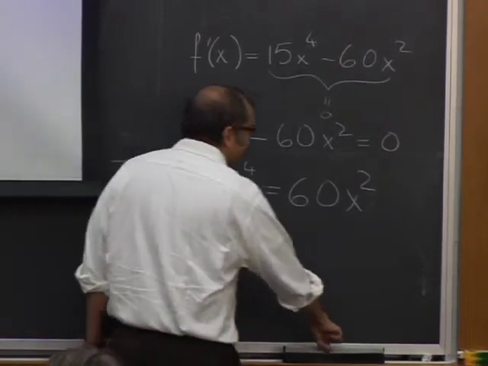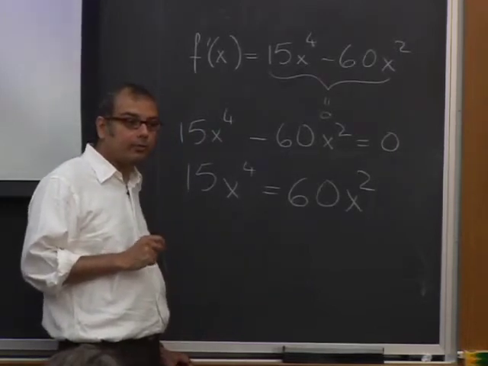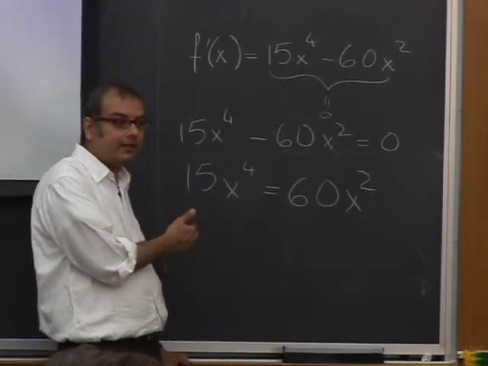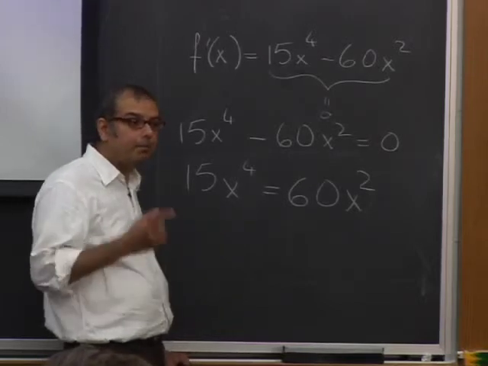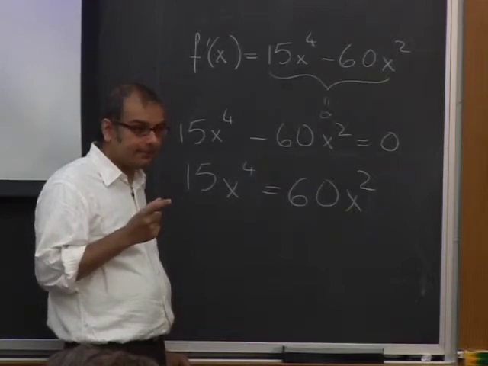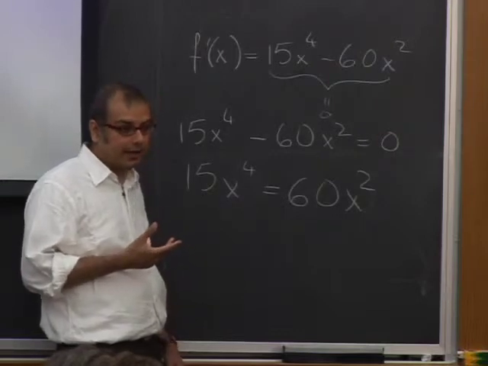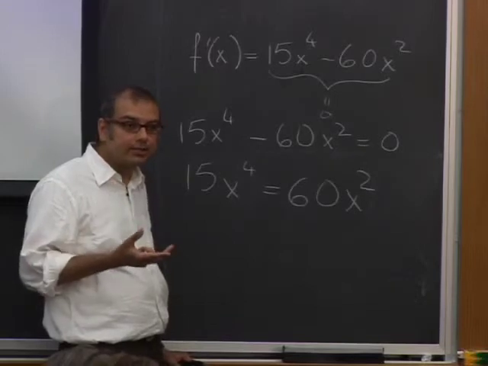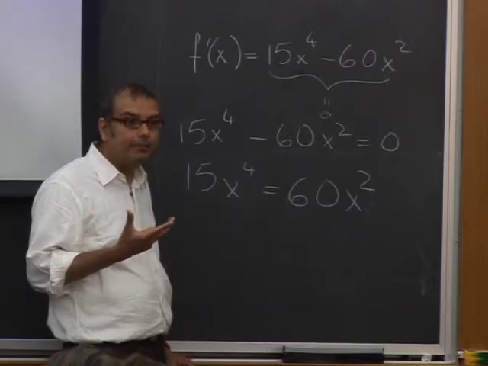Okay, but when you divide, and this is something useful to keep in mind when you solve equations, I can eliminate x to the fourth from here by dividing both sides by x squared, but I have to keep in mind that there is one case when I'm not allowed to divide by x squared. And what case is that? That x is equal to 0, because our mathematics is unable to divide by 0.